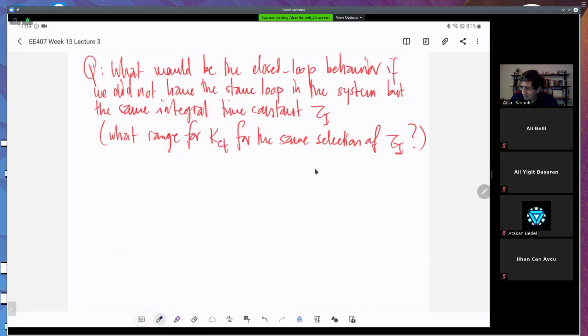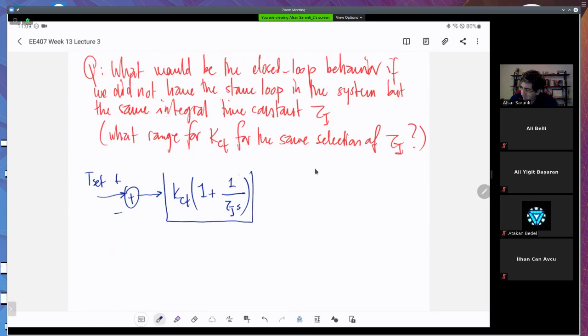So T set. Okay, so I have again KCT times 1 plus 1 over tau I S is my PI controller here. So this is my GC, let's say my only controller.